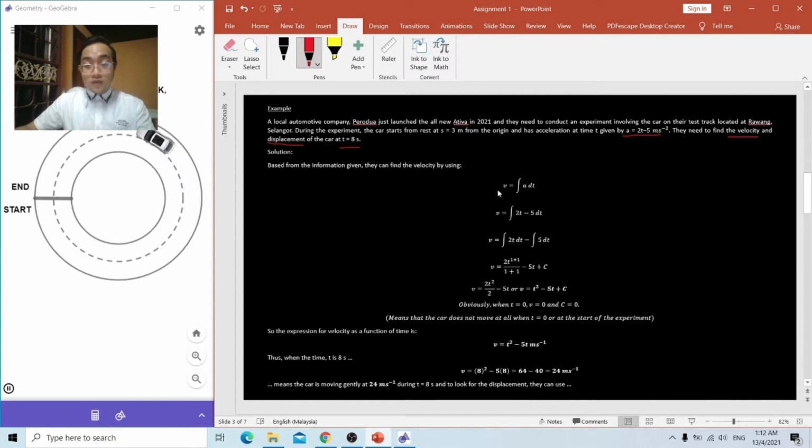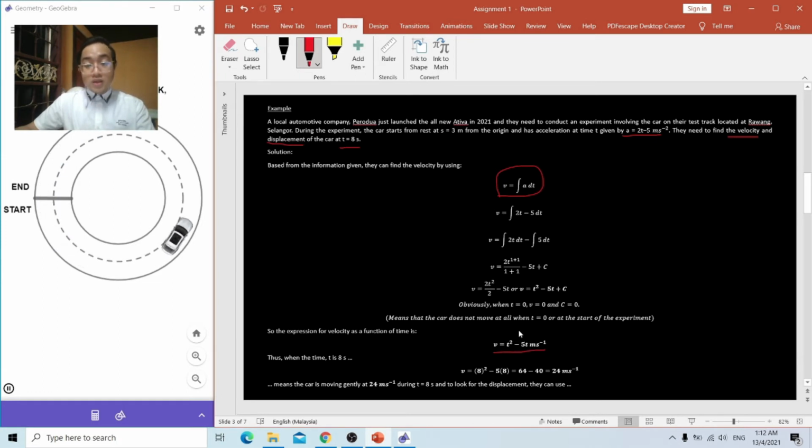By using the formula v is equal to the integration of acceleration dt, and substituting the acceleration given, we obtain the velocity v is equal to t squared minus 5t meters per second.